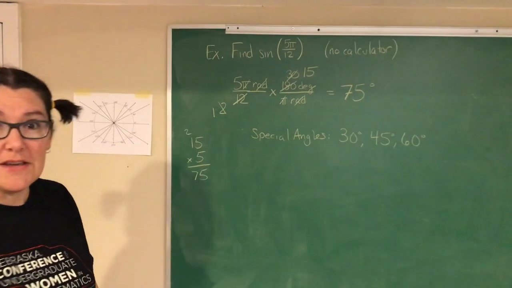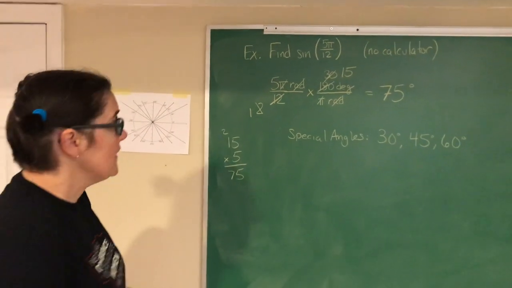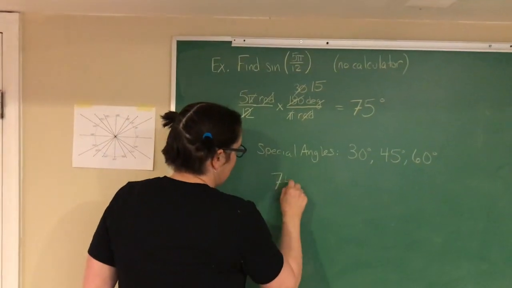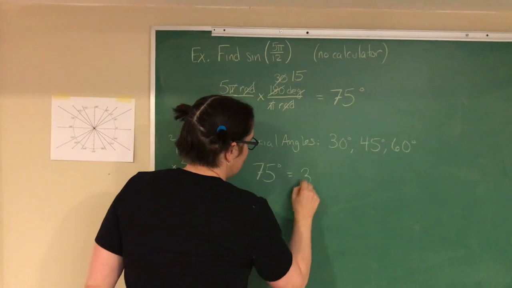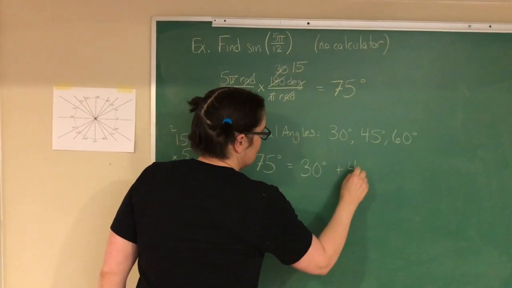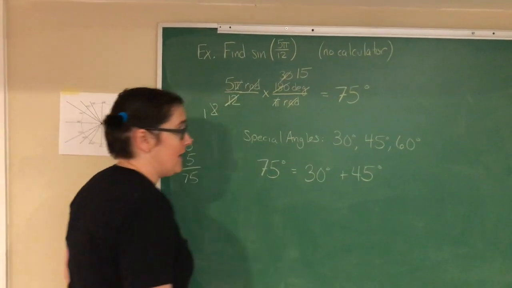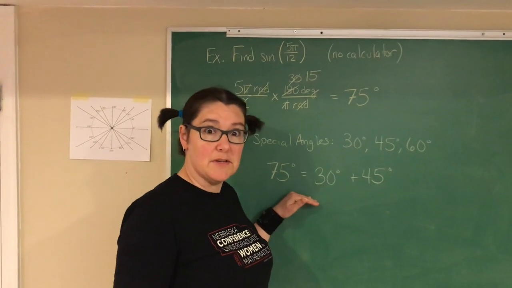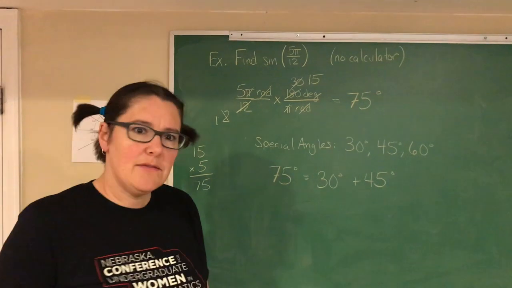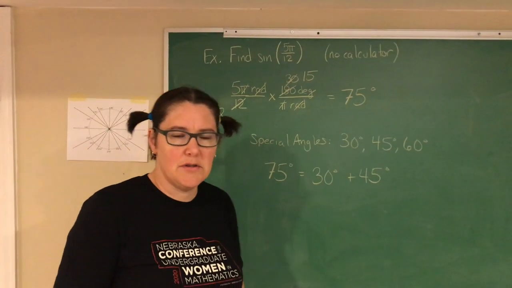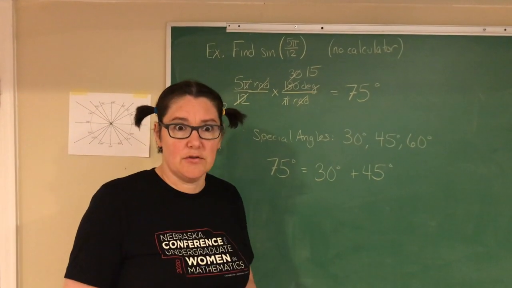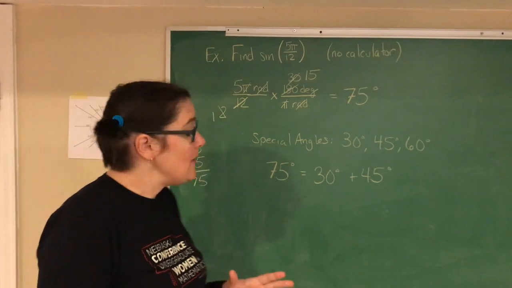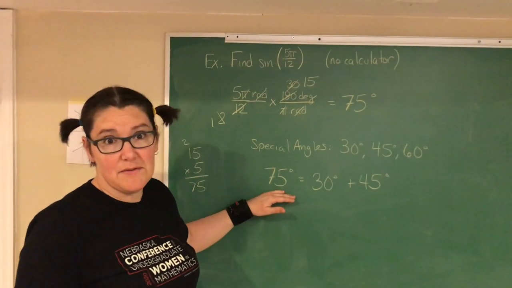And the answer to that is definitely yes. I know that I can write 75 degrees as 30 degrees plus 45 degrees. Okay. Now, there are also other ways that I can get 75 degrees. In fact, any of the angles on our typical unit circle with the special angles drawn in may be able to be used to combine to get 75 degrees.